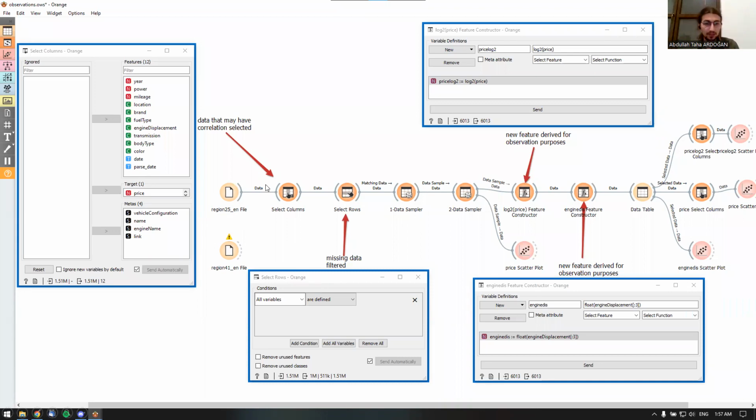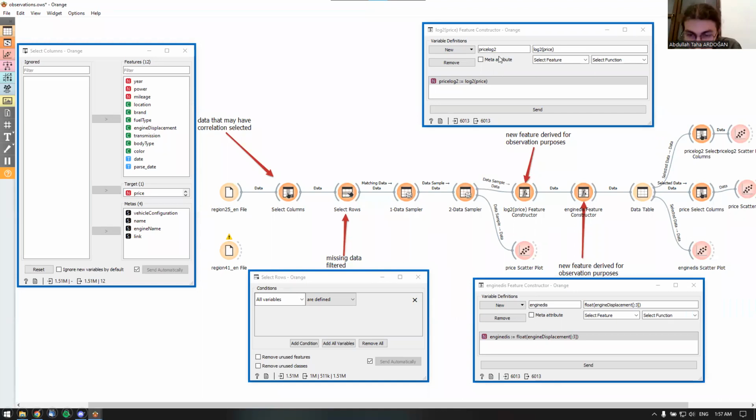We just analyzed the region 25 file, and we filtered the data. All variables must be defined. And the data sampler only gives the next widget 6,000 rows.